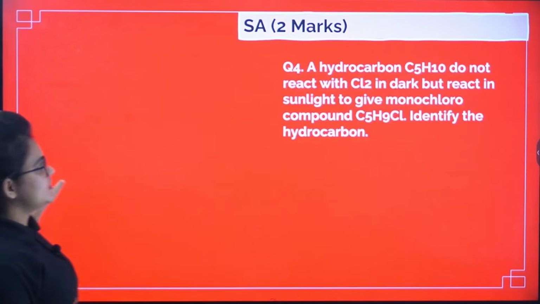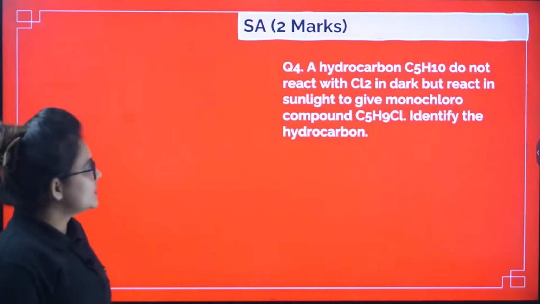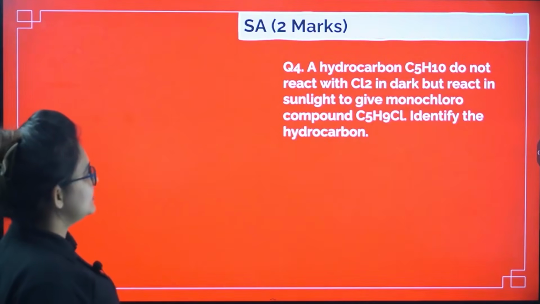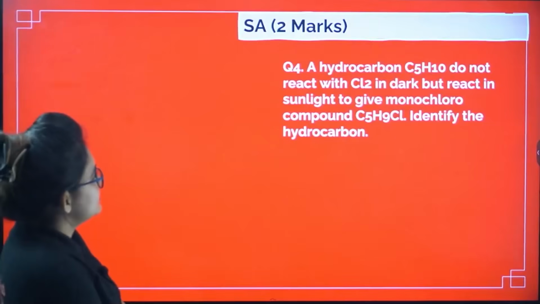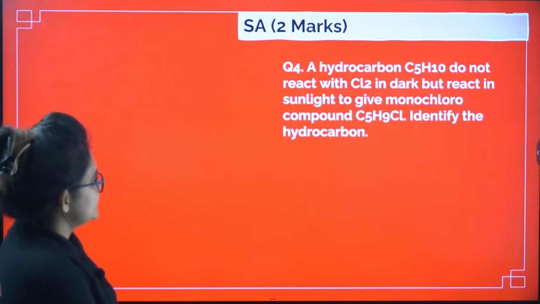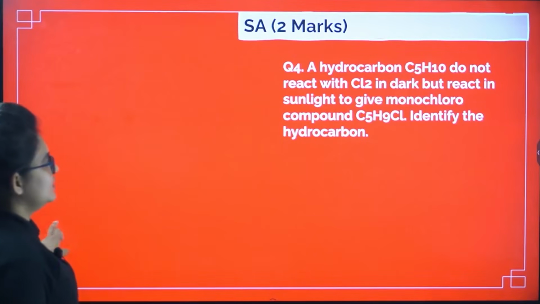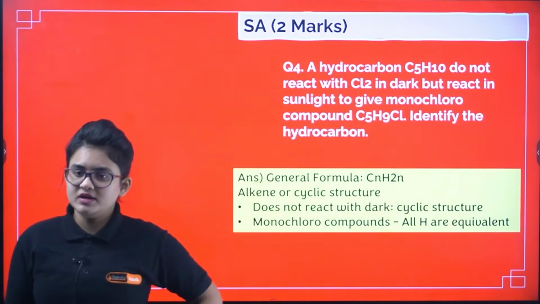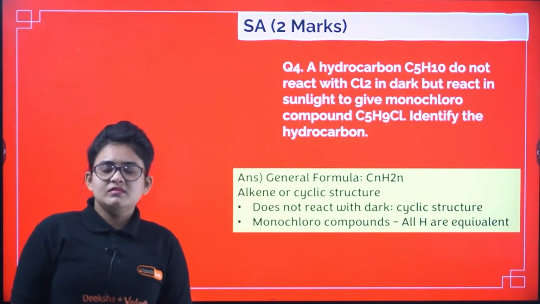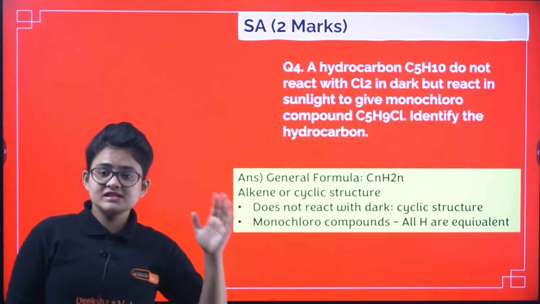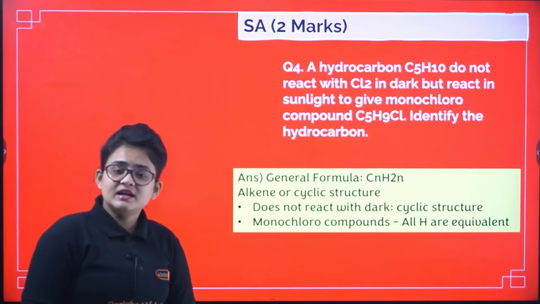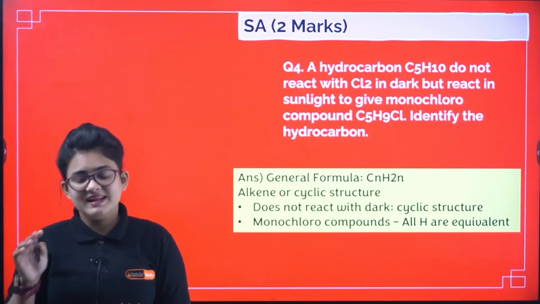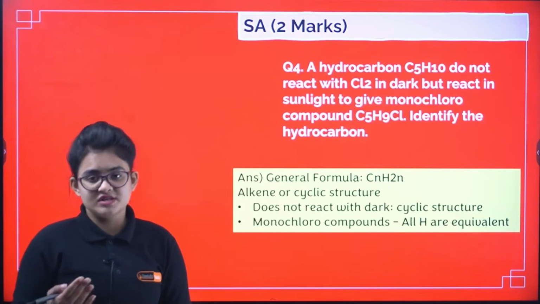A hydrocarbon does not react with Cl2 in dark but reacts in sunlight to give a monochloro compound, C5H9Cl. Identify the hydrocarbon. The general formula is CnH2n, so there are 2 possibilities: it can be either an alkene or a cyclic structure.